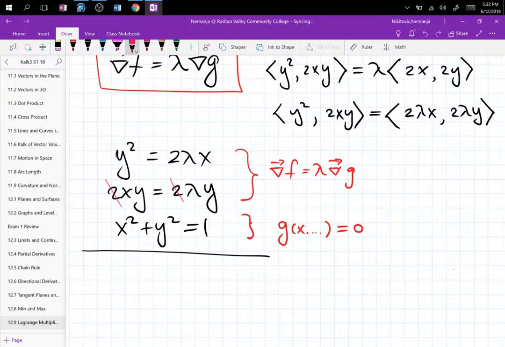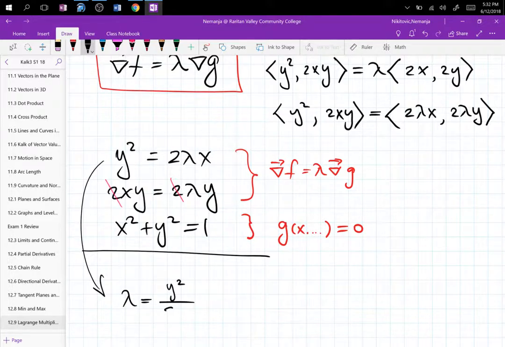So let's see, and again, there are no rules or steps to follow. It is just playing with these equations until you actually get the solutions out. So what am I going to do first? Well, from the first equation, I'm going to say that lambda is equal to y squared over 2x.